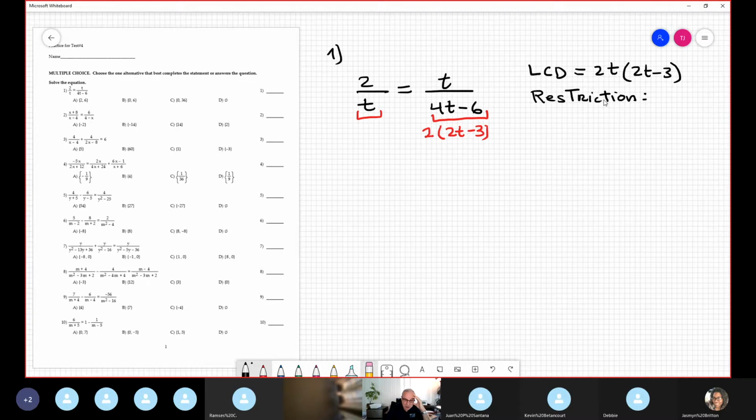So I saw that in the LCD, the variable factors are t and 2t minus 3. So t is not 0, because dividing by 0 here is illegal. And 2t minus 3 is not 0, which is equivalent to saying 2t is not 3, or t is not 3 halves.